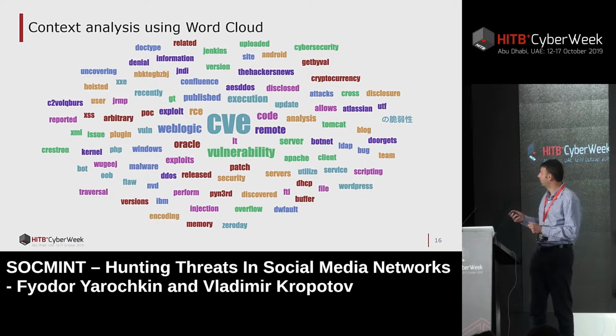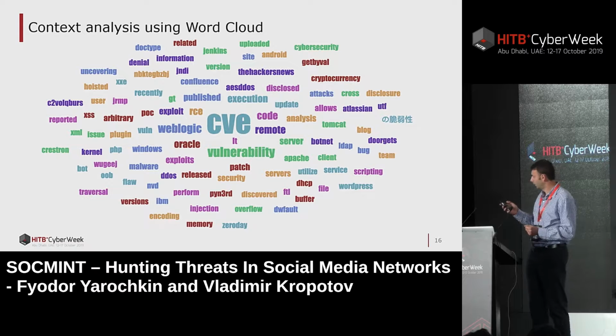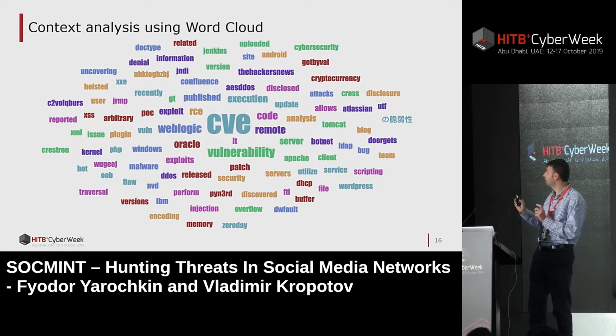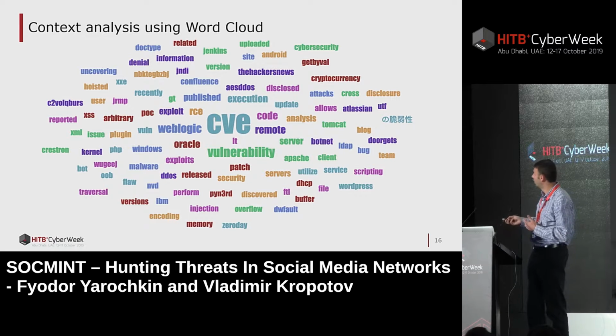What happens if you visualize CVE on a particular day? You can see the context. The bigger the word here, like CVE, the more times it appeared on Twitter, so it's the most discussed word. Some words are stripped by the libraries, but you can see the context of what was discussed for the CVEs.